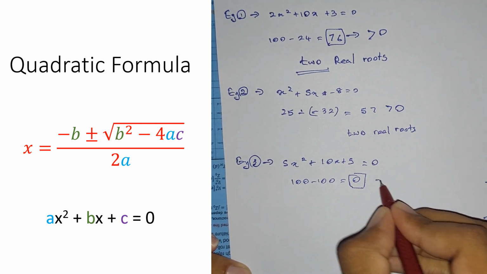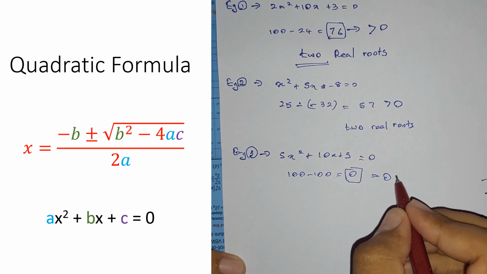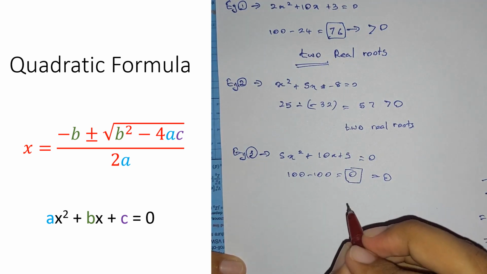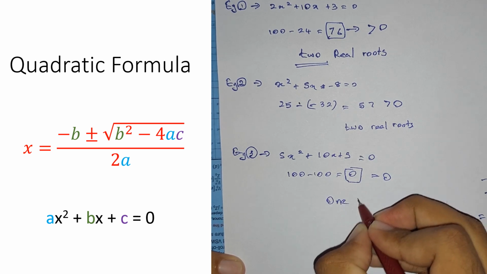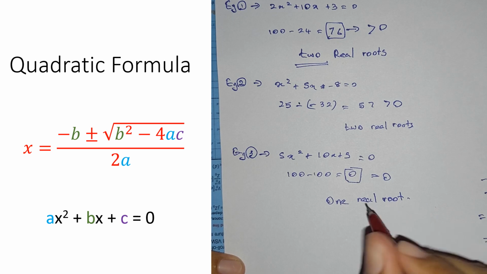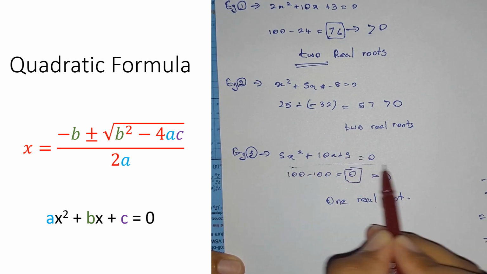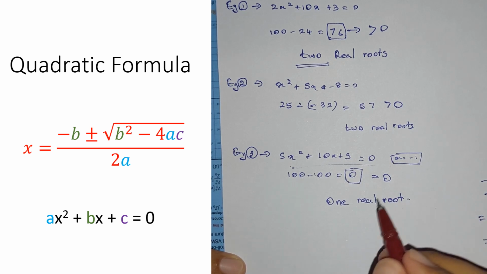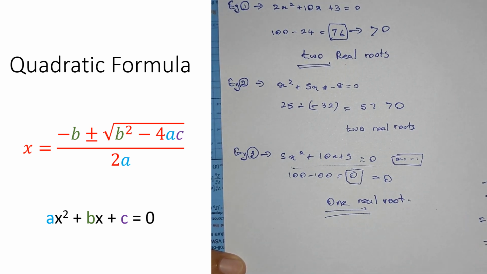So this is equal to 0. When the discriminant is equal to 0, we get only one real root. We ended up with the root minus 1 for this example, x equals minus 1.